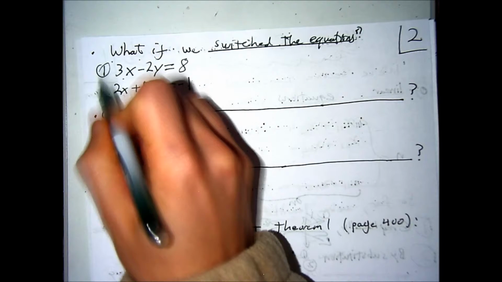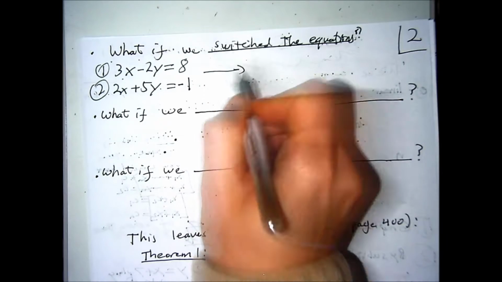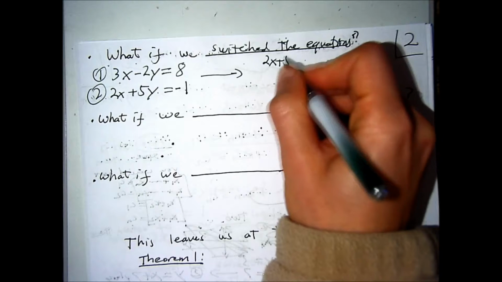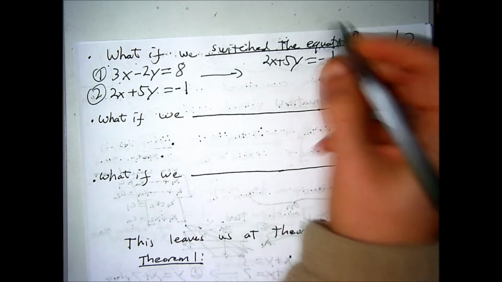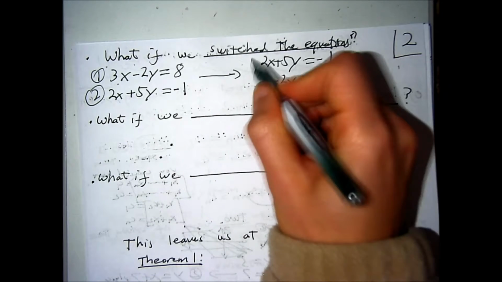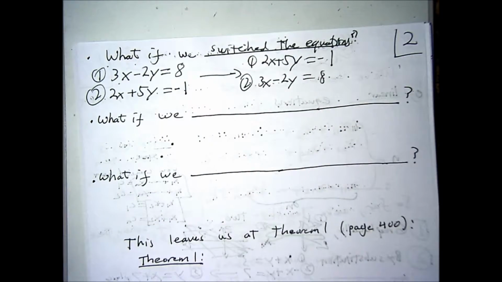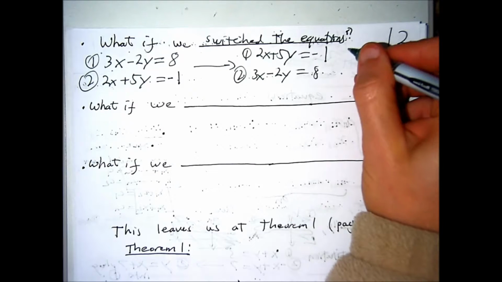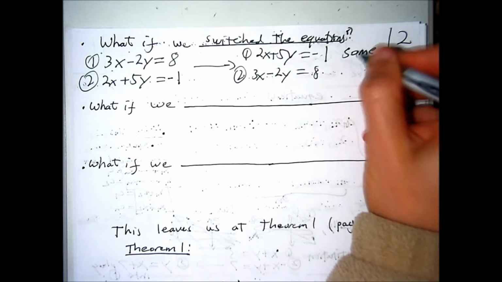Well, this is my 1 and this is my 2. What if I switch the order? If I did this, 2x plus 5y equals negative 1, 3x minus 2y equals 8. So now this is my 1 and this is my 2. Well, the obvious answer should be that it makes absolutely no difference. I switch the order and I still have the same two equations. They still both have to be true, and my x and y solution will be the same.